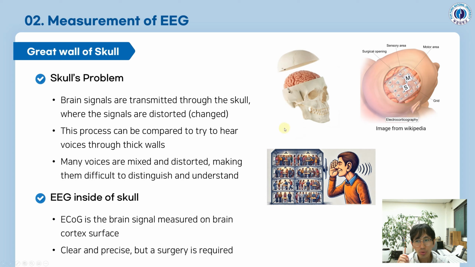So if we want to record our brain activities really precisely, then you need to get rid of this car. And then you can put some electrodes here, and then you can record our brain activity. Then, yes, you can get more precise and accurate signals directly.